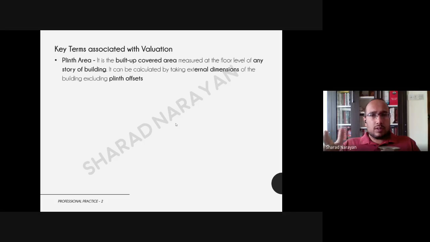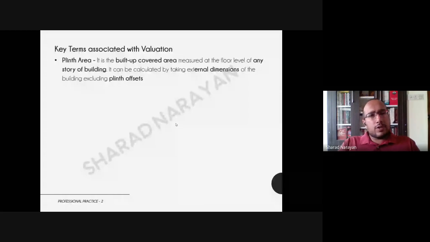I'm fairly certain most of you have encountered questions on exactly what the plinth area is. Ideally, these are definitions you should be familiar with, but we are recapping them so that you remember them when you are trying to jot down a set of answers.